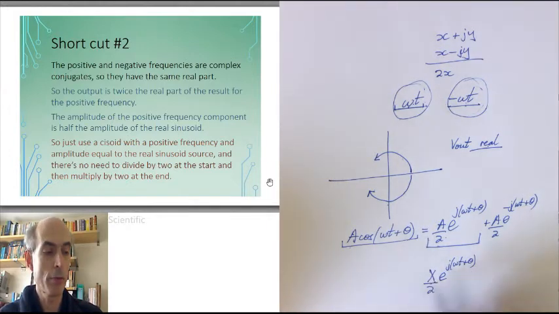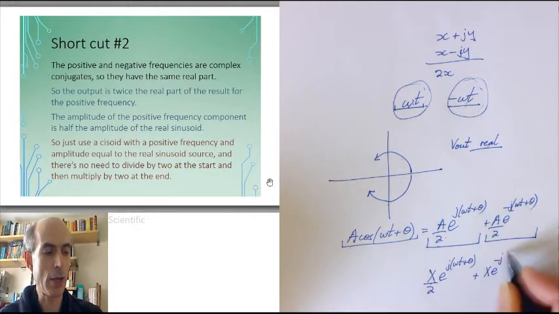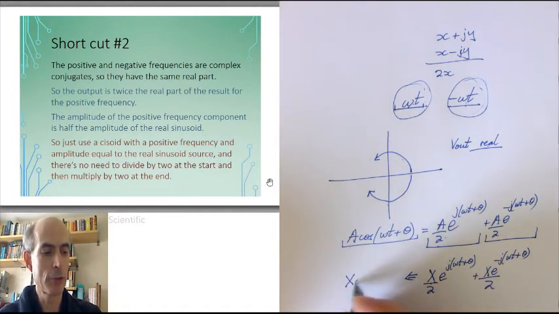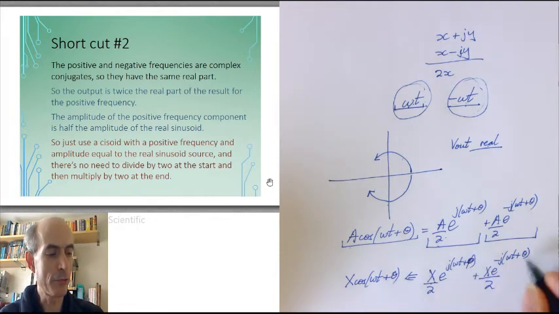And we would know that the result of combining all of the contributions of the negative frequency sources must be x over 2 e to the minus j(omega t plus theta), because it's got to be the complex conjugate of this so that the imaginary parts cancel out. And that would give me a final result of x cosine(omega t plus theta). In general, they will be different angles here. Should maybe have called these phi.